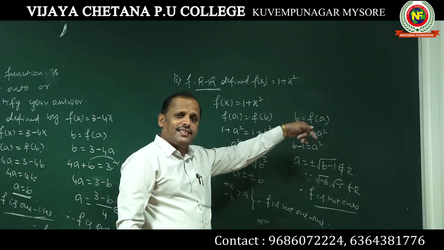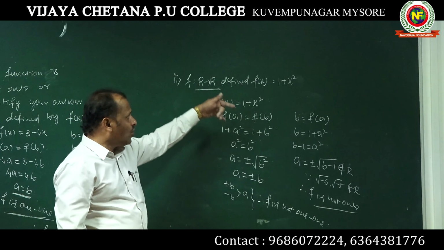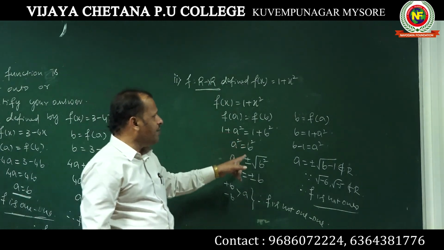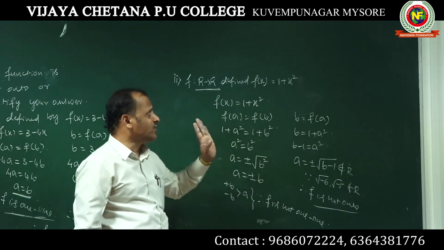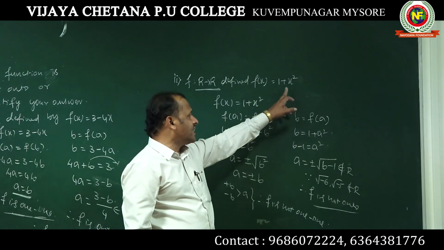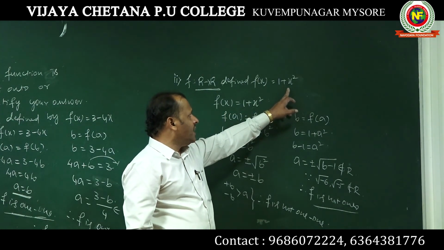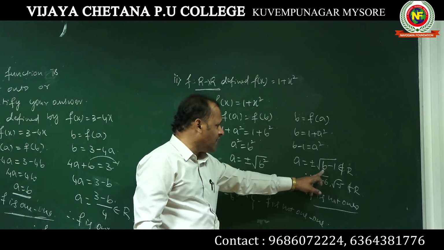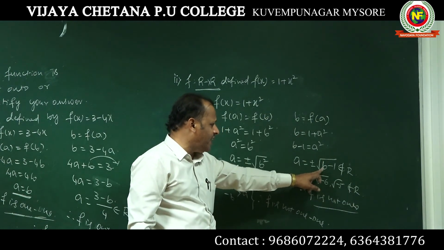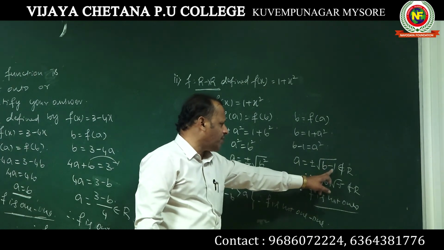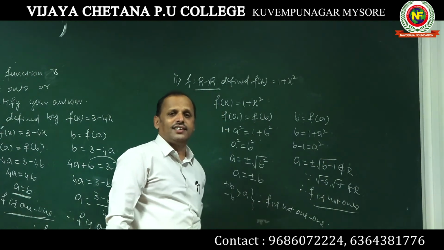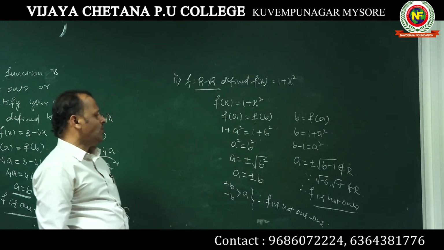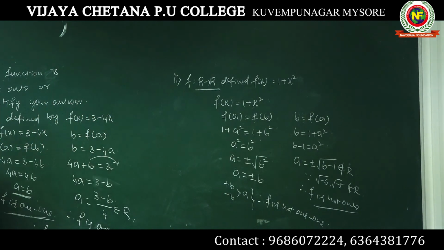Also, all the elements are not images. In the case of 1 plus x square, here root of b minus 1: if you have b as minus 5, minus 1 is minus 6, it is not an image. So f is neither 1-1 nor onto.